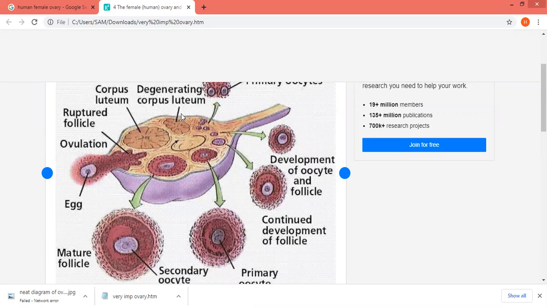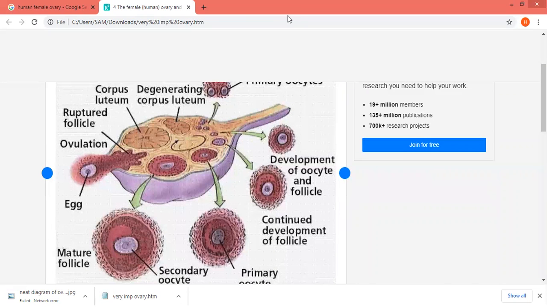If there is no pregnancy, the corpus luteum will degenerate, but if it's pregnancy, then corpus luteum will remain for 8 hours and will be acting as a temporary endocrine gland, releasing the progesterone for the female.